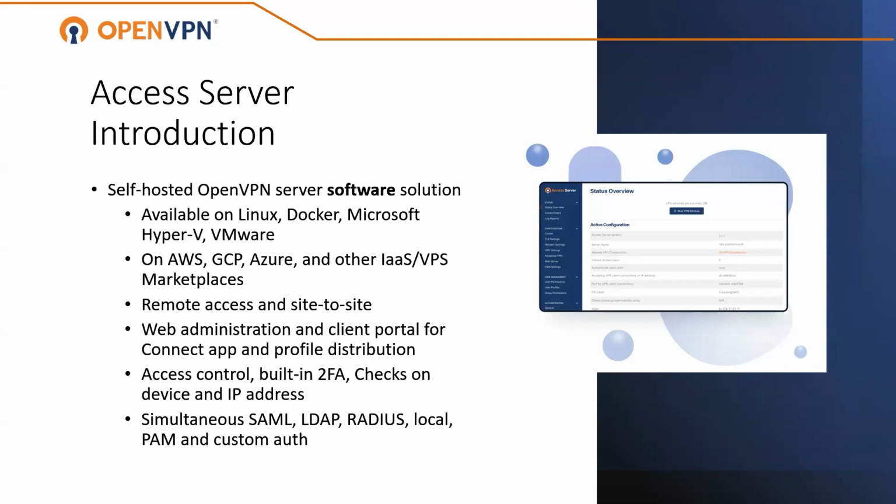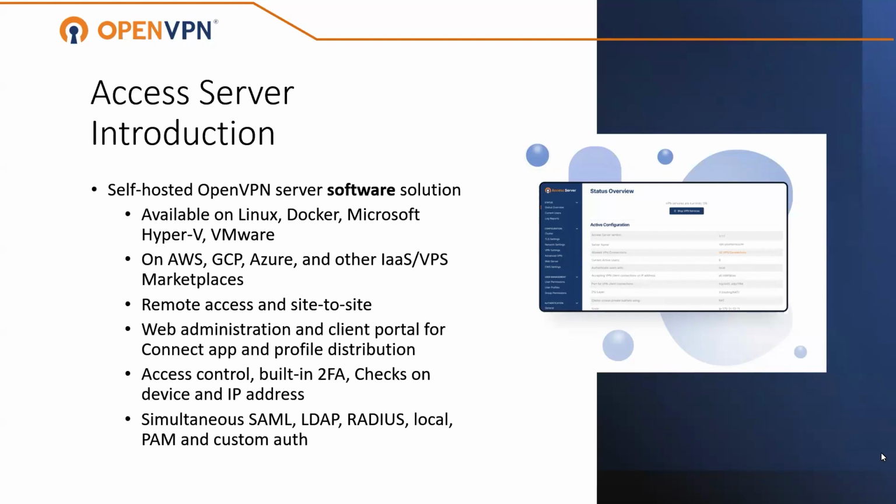Now, before Access Server provides access to the resources, you can authenticate your users using all these supported authentication mechanisms you see listed here, like SAML and LDAP. What's unique is you can mix and match these authentication methods.